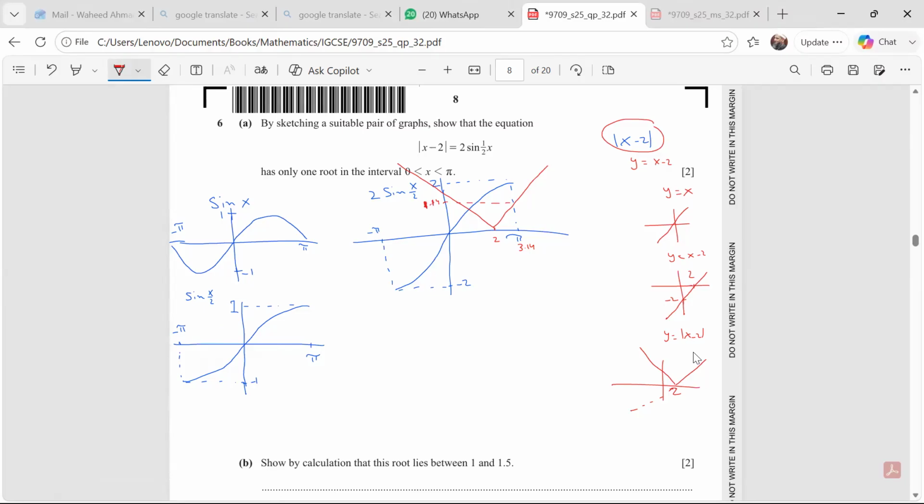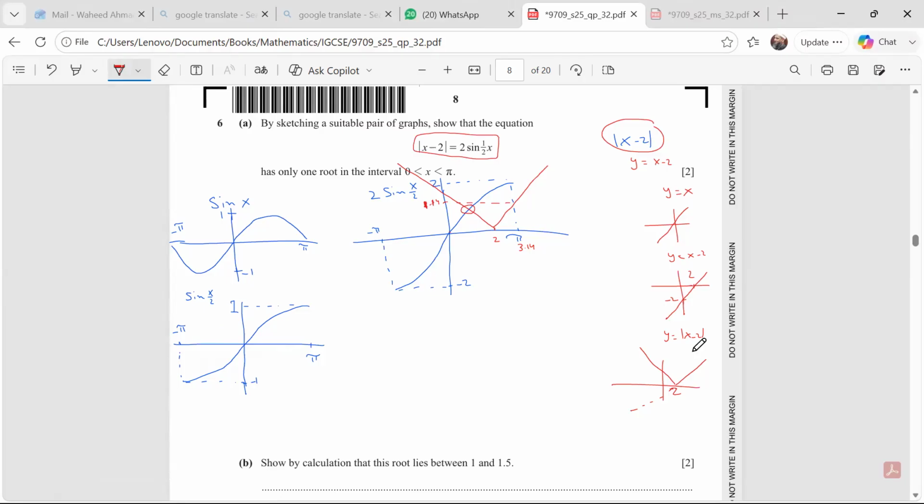So this point is much less than 2. This graph shows me that there is only one intersection point of these two curves. So the equation has only one solution in the interval 0 to pi.